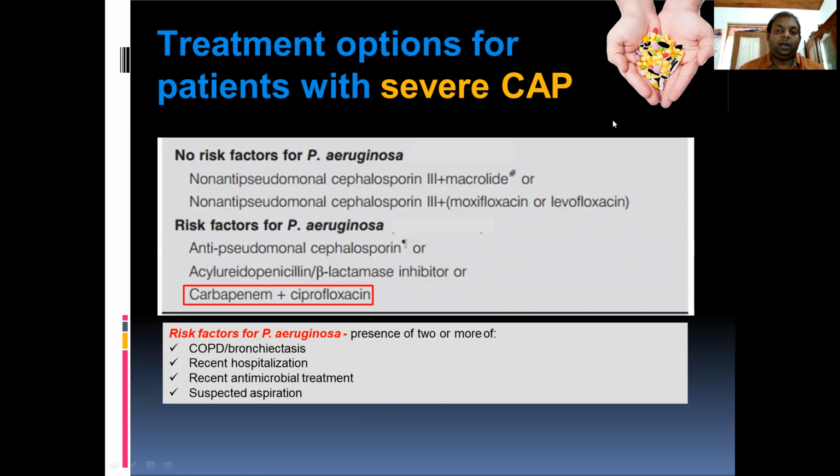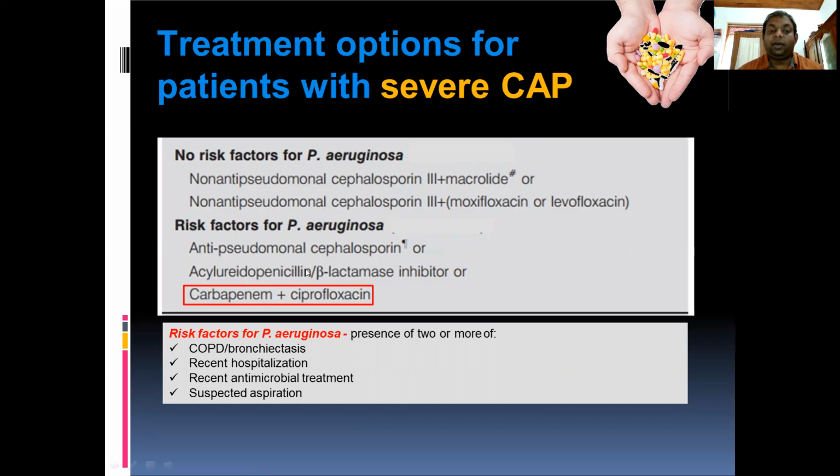About community-acquired pneumonia: a patient with CAP with no risk factors for Pseudomonas aeruginosa, we often give a non-anti-pseudomonal cephalosporin, as I said, ceftriaxone.